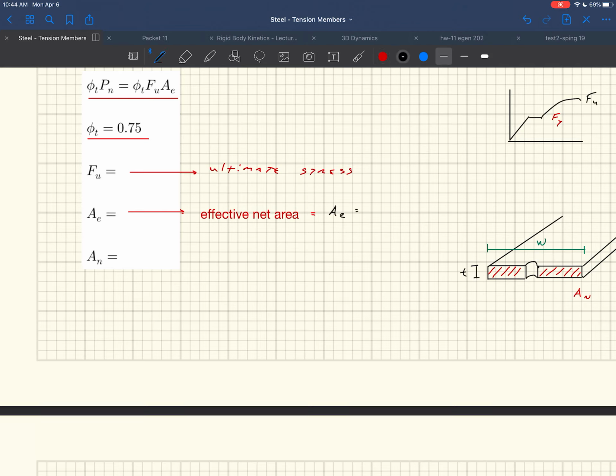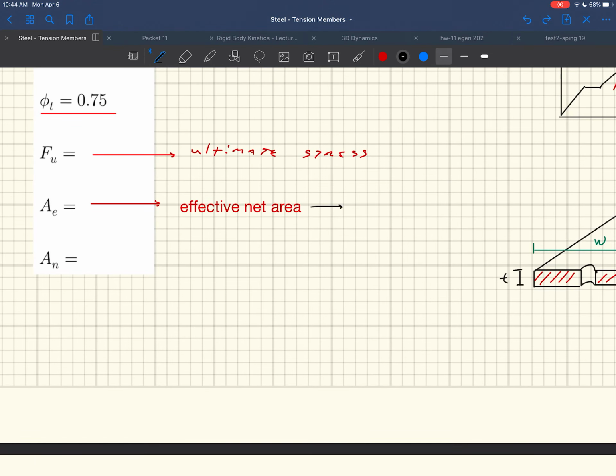AE is equal to, I'm going to do an arrow here. AE is equal to, and line that up. I'm trying to be as clean as possible here. AE is equal to AN times U.